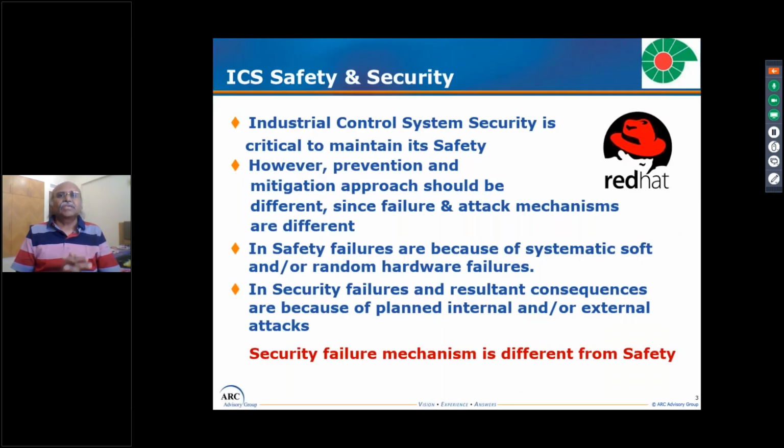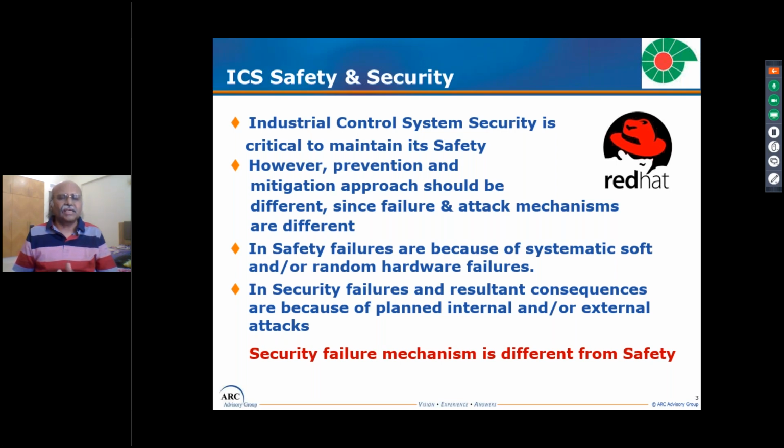ICS safety and security. Industrial control system security is critical to maintain safety. You might have come across safety integrity levels for the safety system, where we find out the failure rates of devices, and then we fix the risk when this device doesn't function, based on the consequence and the frequency of demand on it.